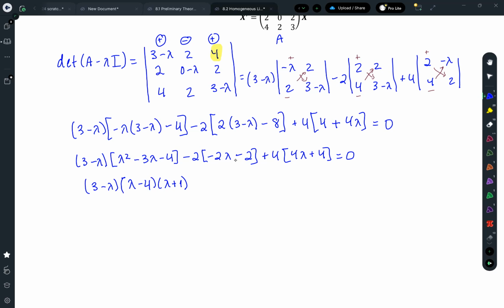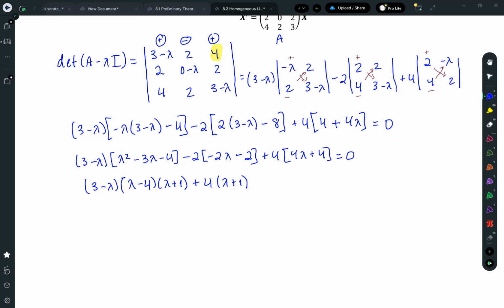And the next 2 terms, I want to see if by factoring out a constant, I might leave behind a lambda plus 1. Okay, so in the second set of brackets, I'm going to factor out a negative 2. So it'll combine with the negative 2 outside to become plus 4 times lambda plus 1.